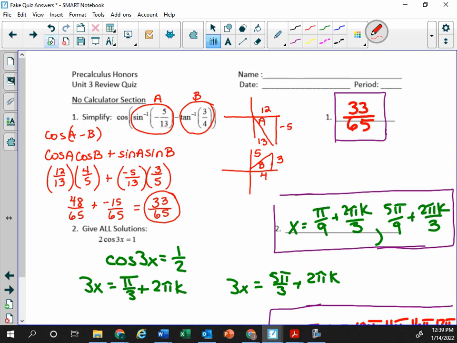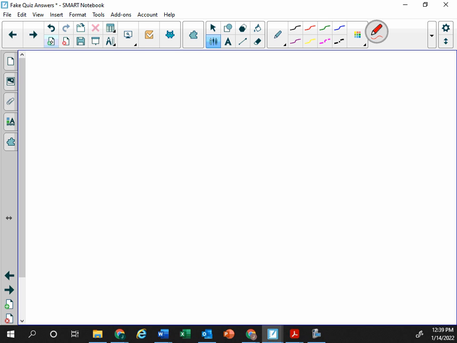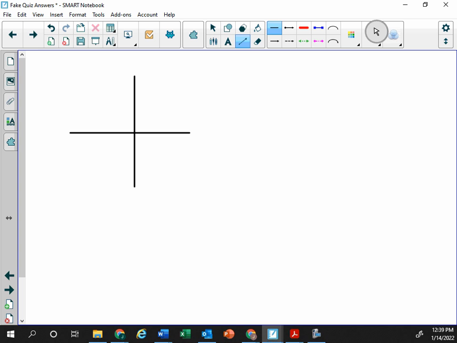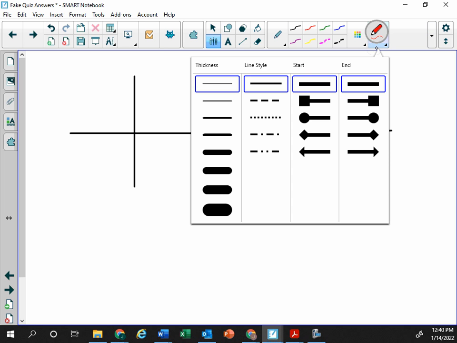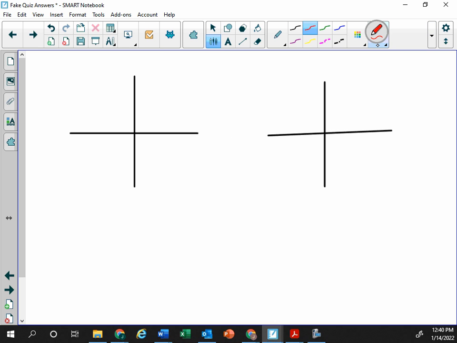So just a little refresher on the inverse stuff. Just remember when we're talking this side of the circle, that was for inverse sine, inverse tangent, and inverse cosecant.